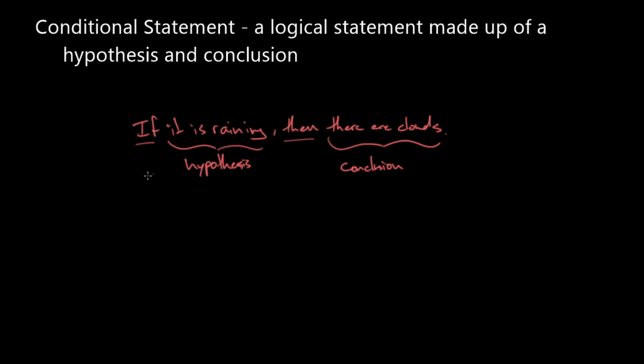What I'm trying to say is that if this is true, in this case my hypothesis, it is raining, then something that is necessarily going to be true because of it, something that follows because of it, is the conclusion: there are clouds. They're always going to follow this format. If something is true, that something is a hypothesis, then what will follow is the conclusion of my statement.